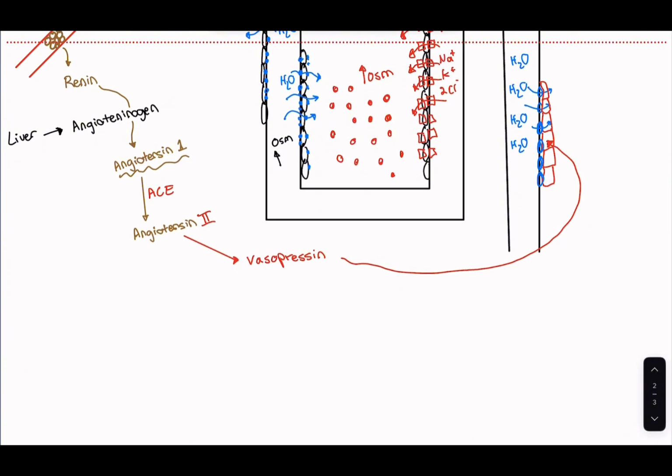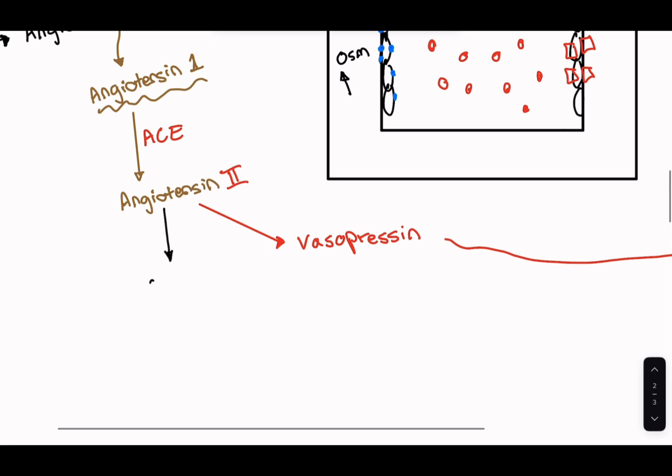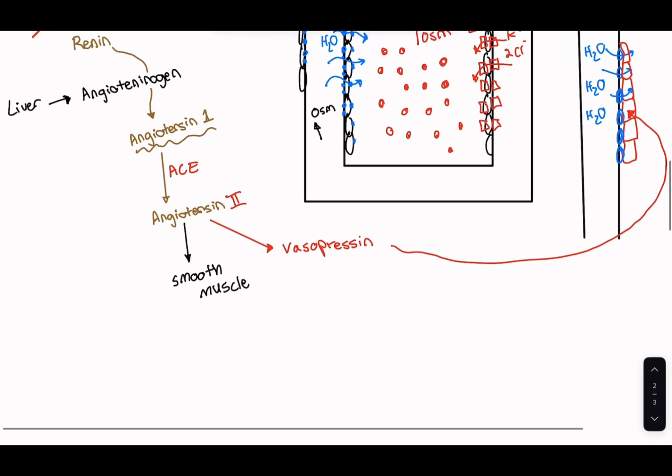And so angiotensin II will also bind directly with smooth muscles. Smooth muscles express angiotensin II receptors, and if angiotensin II binds to those receptors, it'll cause them to constrict, the same logic that we just talked about.